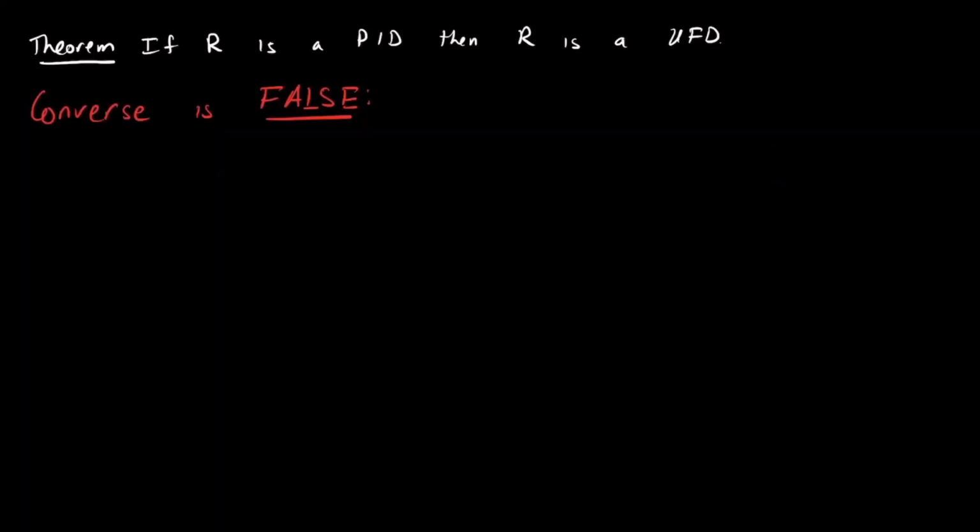Okay, so I just want to point out that the converse of this theorem is also false, and the examples are a little bit easier, but still kind of tricky, and again will deserve their own videos because the proofs are a bit complicated.